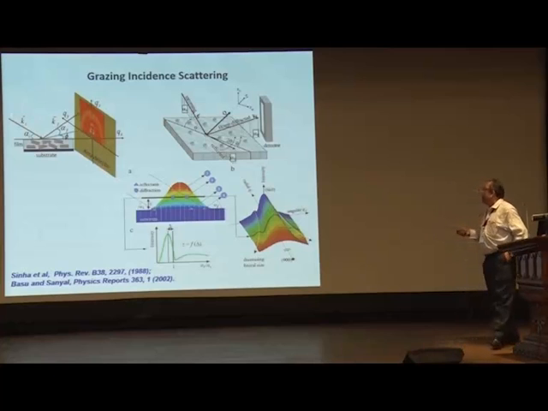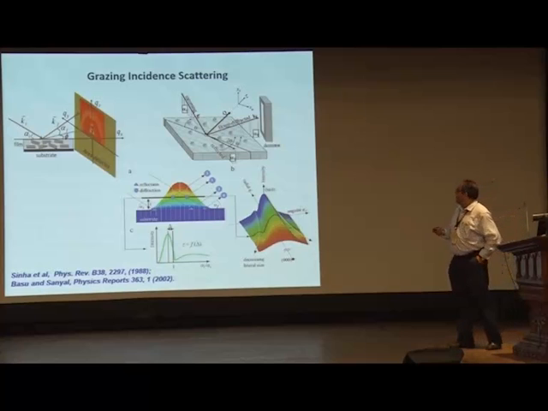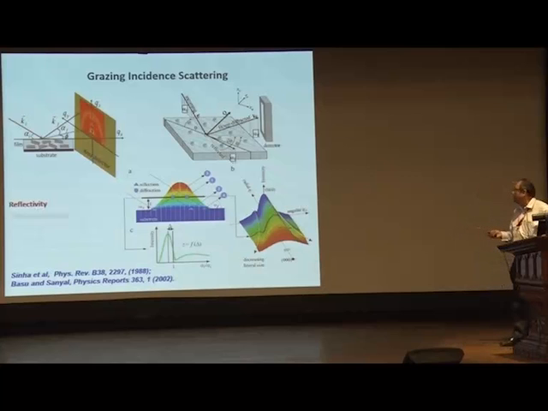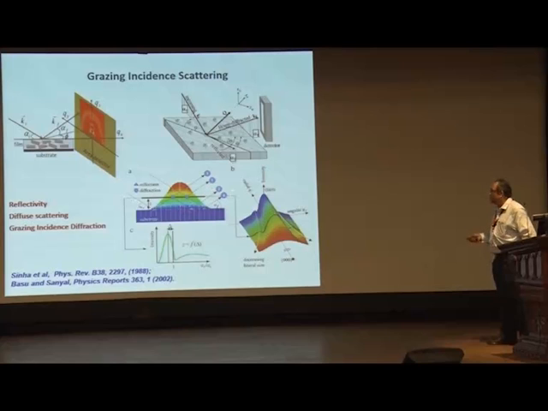That can be done by reducing the incident angle of the X-ray, and as you know, the refractive index of any material is slightly less than that of vacuum for X-rays, and so you have a finite critical angle. If you are around that critical angle, then the X-ray doesn't penetrate much into the bulk. So all this scattering comes from the surface, and there are several types of scattering which happen. I'll not have time to discuss all of them, but essentially you have these different types of scattering processes which happen.